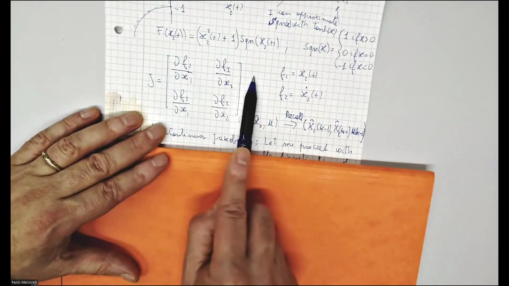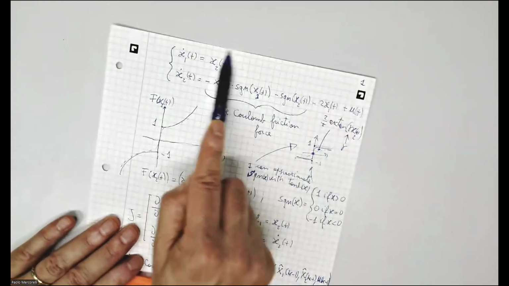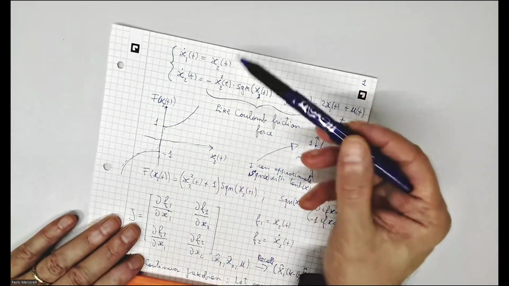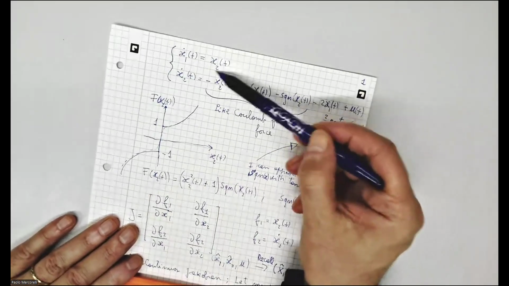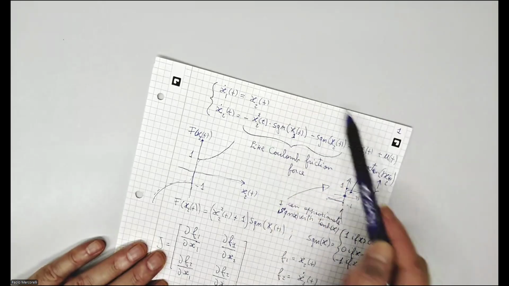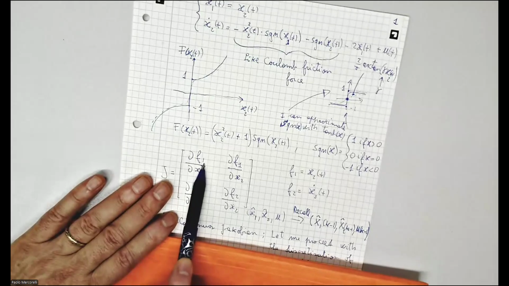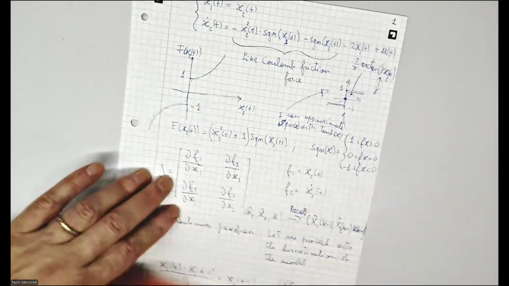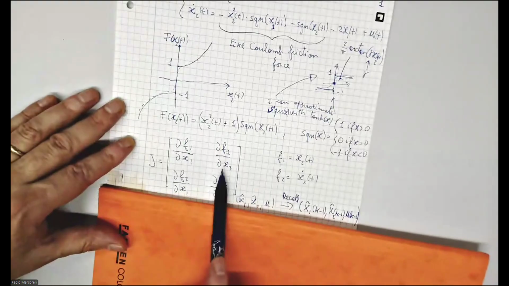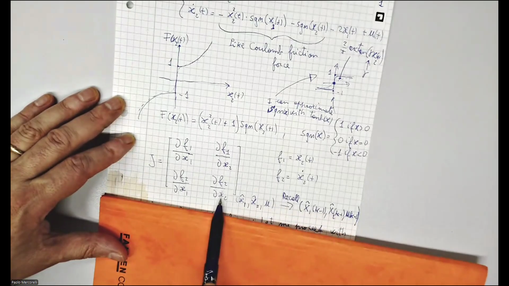Jacobian. F1 is the first component of field F. Do you remember the field F consists of two components, a vector field of two components? This first component, second component, I called F1 the first component of the field F. Do you remember in our typical notation, the Jacobian of F includes the partial derivative of F1 with respect to x1, and then the partial derivative of F1 with respect to x2, and again the partial derivative of F2 with respect to x1, and the derivative of F2 with respect to x2.